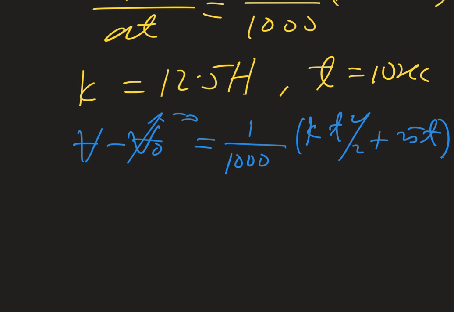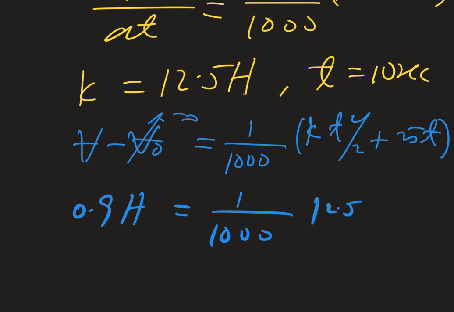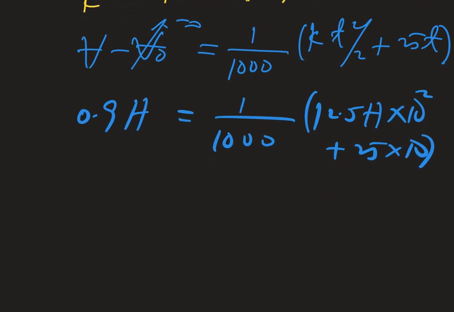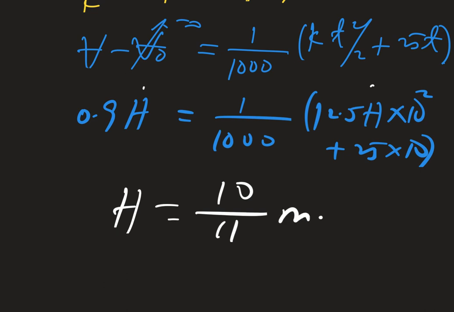So V, which is 0.9 H, equals 1/1000 times (12.5 H times 10 seconds squared over 2 plus 25 times 10 seconds). You solve this very simple linear equation, you get H here. So H equals 10/11 meter. That's all. Simple, right? Not too difficult.